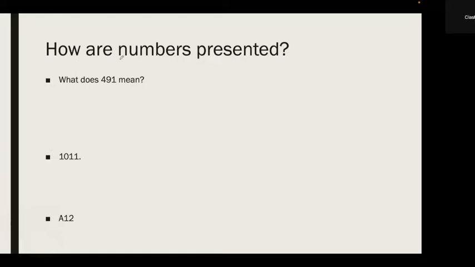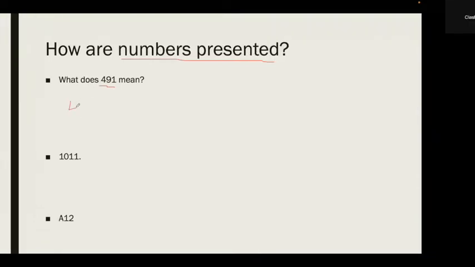Before we talk about specifically how we switch these numbers from binary to hexadecimal or hexadecimal to binary, let's take a look at how the numbers we see every day are presented. We know that the numbers we see every day are decimal numbers because they are presented from 0 to 9. So let's just say a number like 491. What specifically does this number mean?